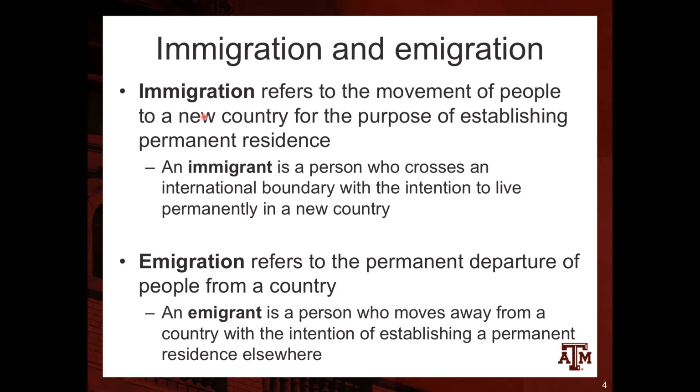I can evaluate whether immigration to the US from Mexico has positive and negative effects on the American society, and I can also analyze if emigration has positive or negative effects on the Mexican society. So it depends much more on the point of view from which I'm doing the analysis.